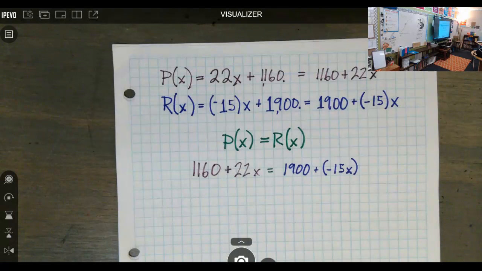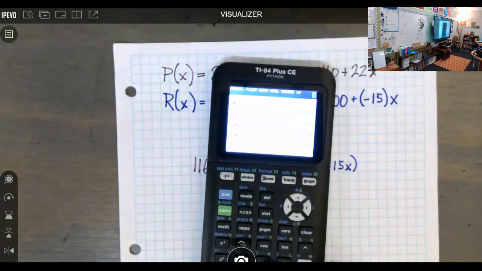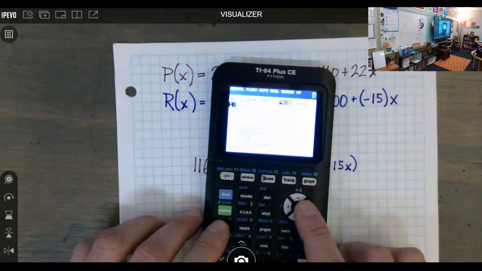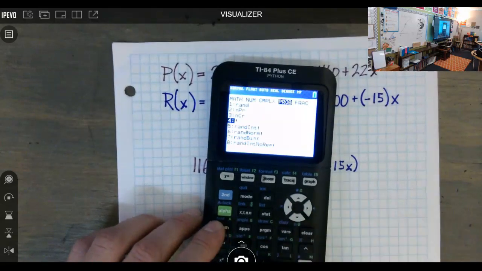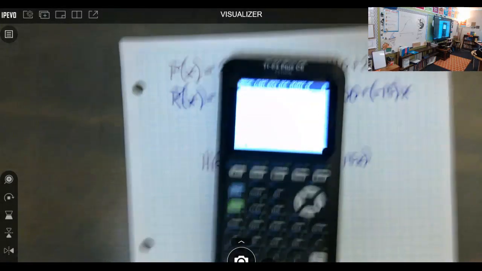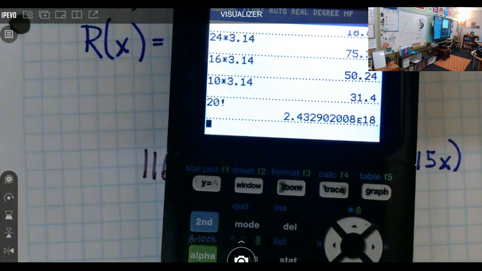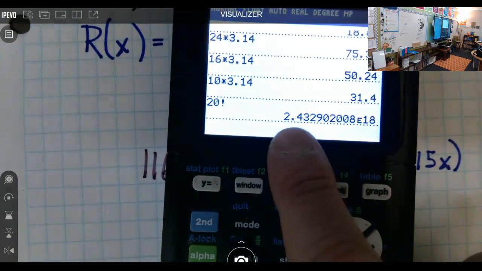Wait, you guys have the same answer? Oh, are those exclamation points? Don't do that, because exclamation points in math mean something. Factorial. Did you not learn that last year? So 20 with the exclamation point is actually an enormous number.